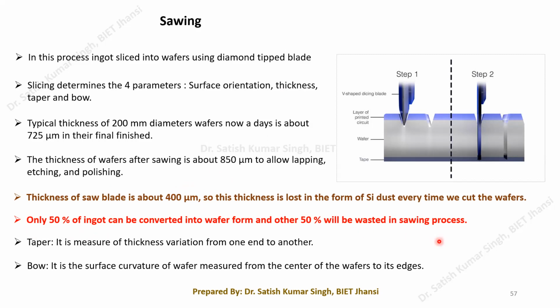Fine. So after the sawing process, the next process that we need to follow, but one thing you please remember, is that the operations we are performing here are all mechanical operations. In the first process, we did the shaping operation, followed by the sawing operation, and all these operations are mechanical.